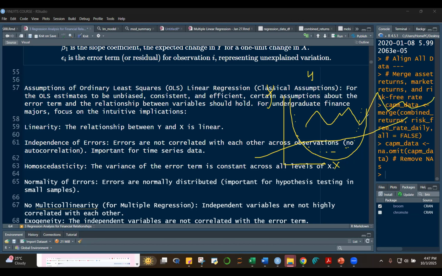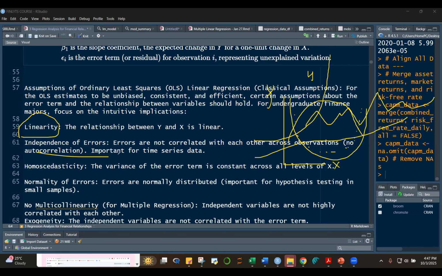Or for that matter, any other relationship like this one, or a parabola like this one. So if the relationship between y and x is not linear, then stop using multiple OLS, class. That's the first condition. The relationship between y and x should be linear.